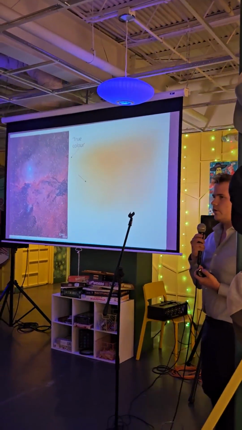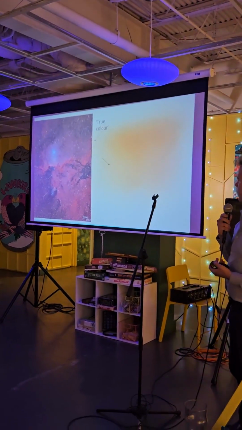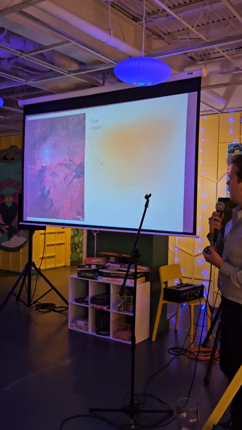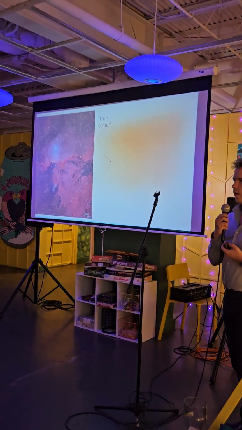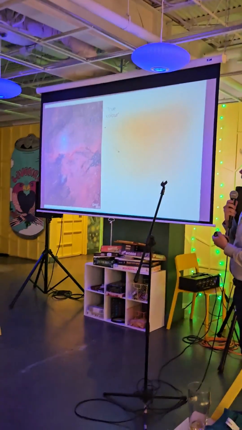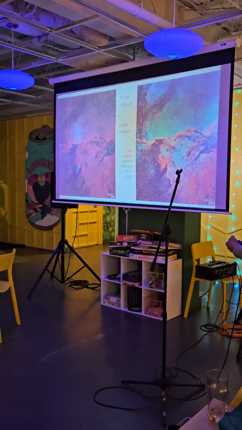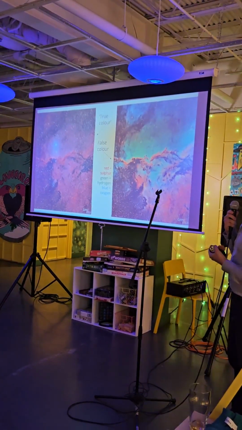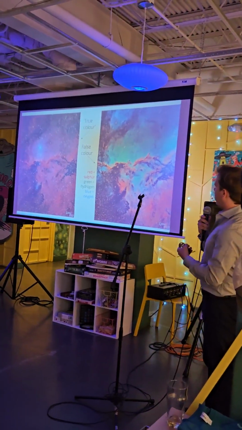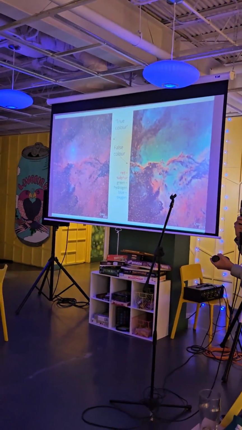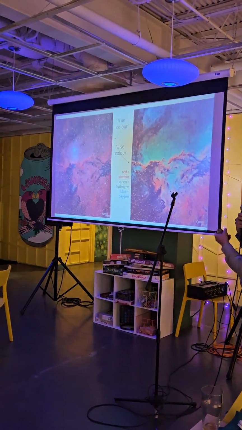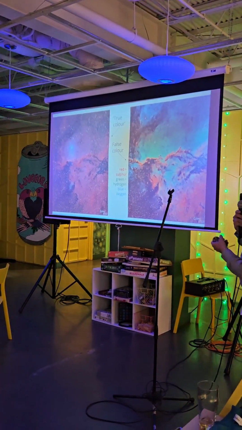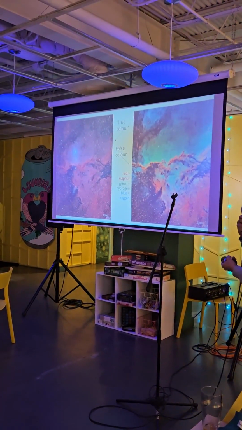But if you want to really understand the structure of this nebulae and all the gases that are forming new stars in the stellar nursery, you really want to pick out the oxygen and the sulfur, amongst other elements, and then assign them a specific color. So in this image on the right, sulfur has been assigned red and oxygen has been assigned blue.